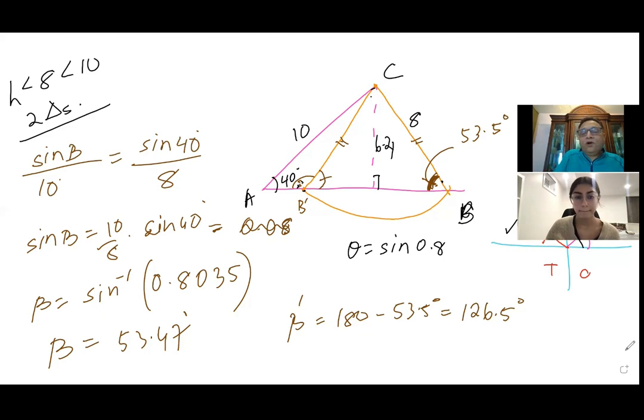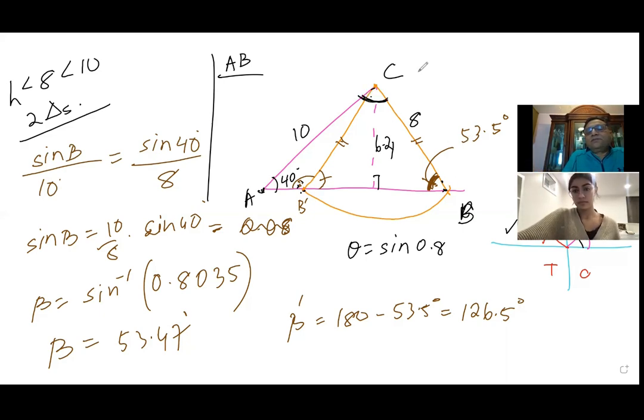Also you have to find the length A to B, right? So both these lengths you have to find. A to B you can find using sine law. So figure this out: AB over the angle which is opposite to this.